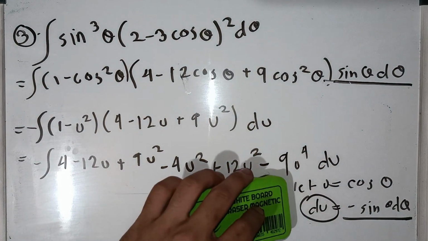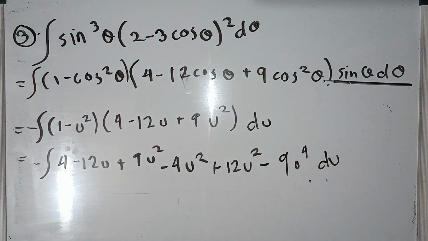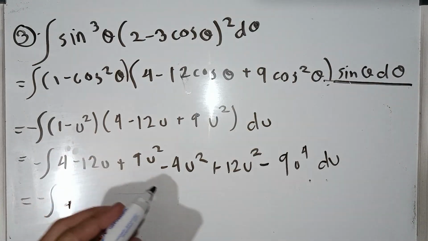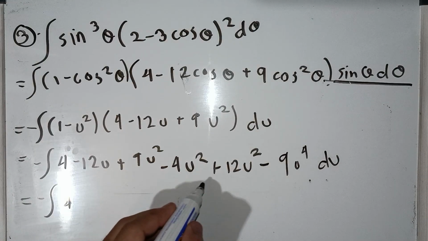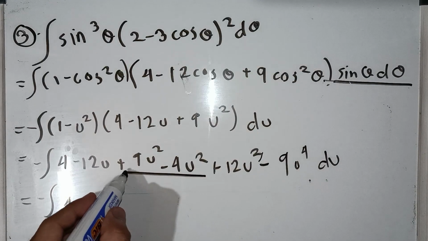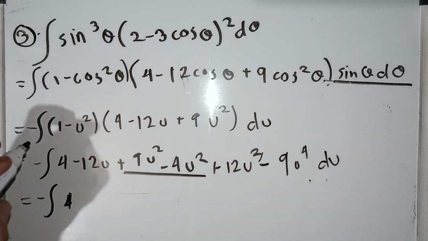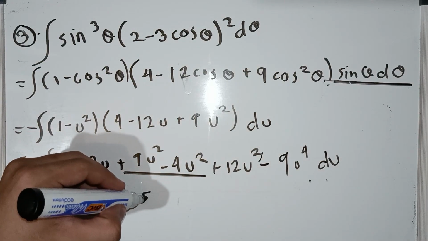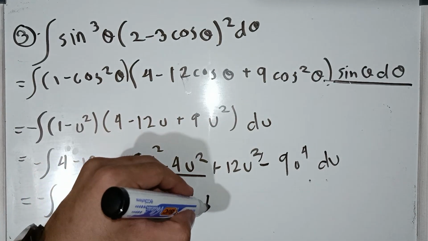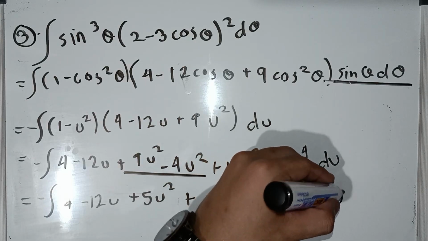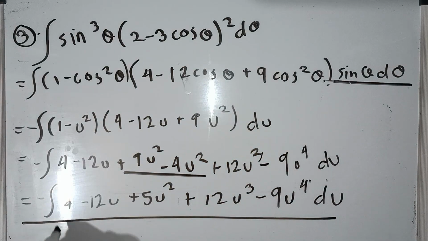Let's erase this first, and now let's simplify the equation. So negative the integral of 4. Since we have negative 4u squared and we have the 9u squared, let's add these together, so minus 12u plus 5u squared plus 12u cubed minus 9u to the 4th du. We can now integrate at this point.